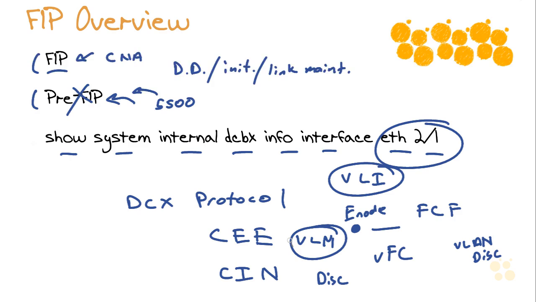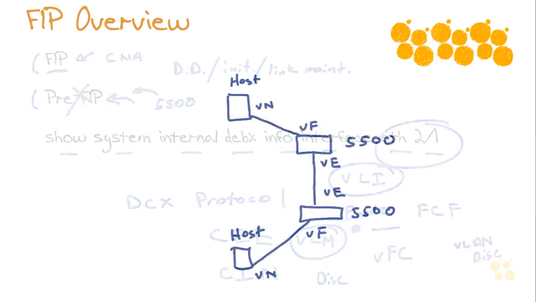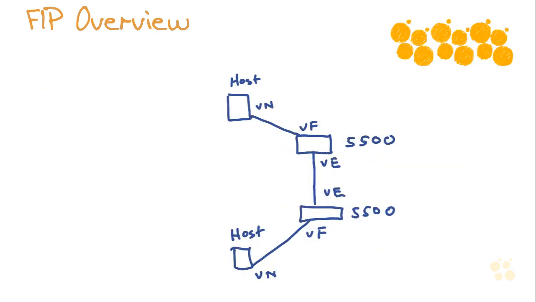Fibre Channel over Ethernet has three Ethernet group addresses reserved for multicast operations. There's an All-FCoE-MACs group, there's an All-ENode-MACs group, and there is an All-FCF-MACs group. Now, as I said, multi-hop Fibre Channel over Ethernet is supported across VE ports, as you can see here, like between two 5500s.